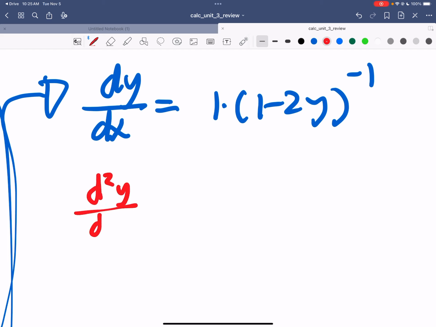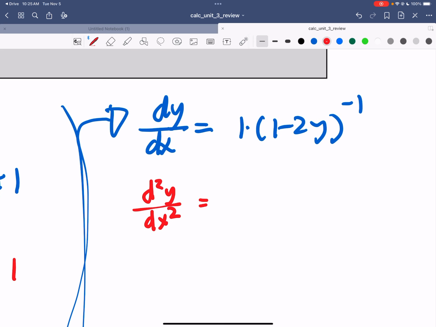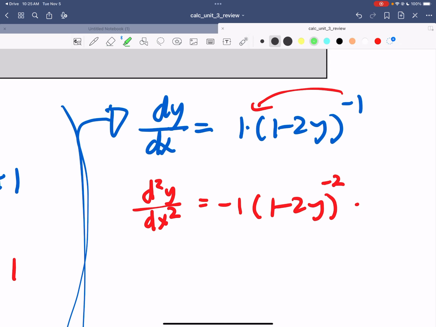d2y/dx squared, that's y double prime. Negative 1 times 1 is negative 2. 1 minus 2y to the, no, why is it negative 2? It's negative 1. Negative 2 power times the derivative of the inside. So it's going to be 1 becomes 0. So it's going to be negative 2 dy/dx.